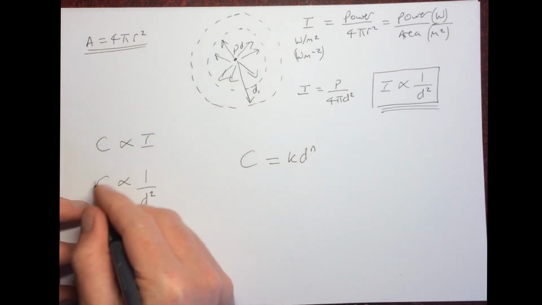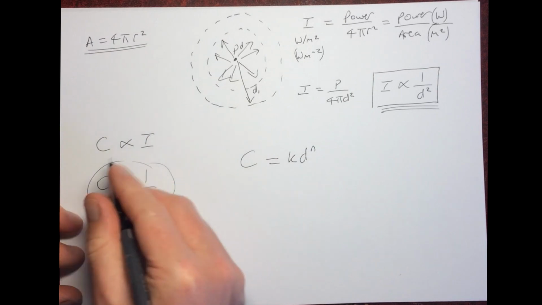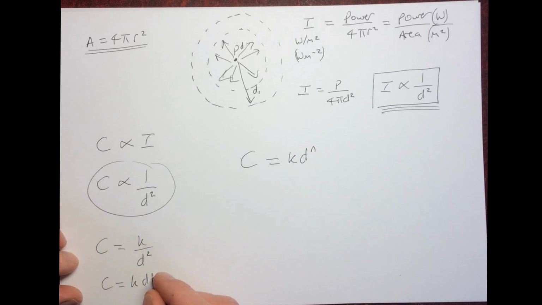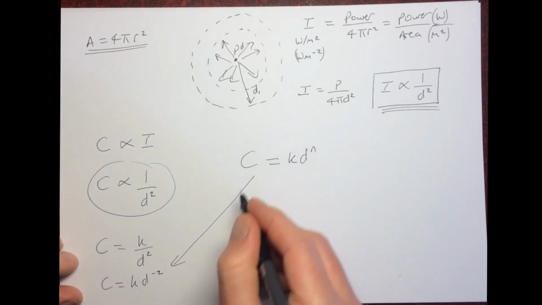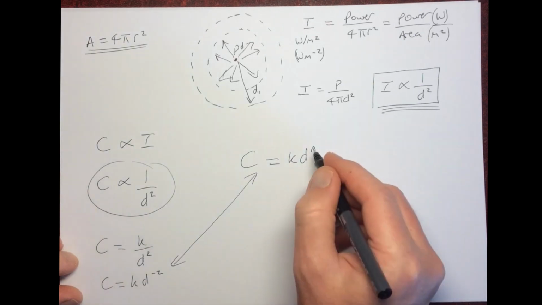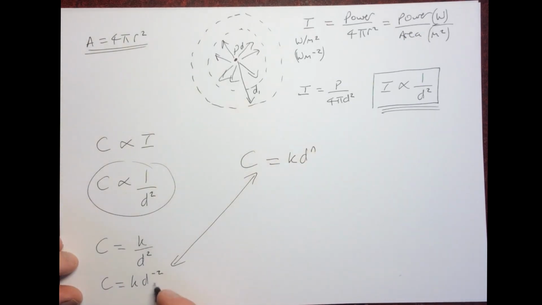Having looked at this relationship, we know that we can write C equal to a constant divided by d squared, which can also be written as C equals k d to the power of minus 2. You can see these two equations are similar, and in fact identical, apart from the fact that we've written n instead of minus 2.